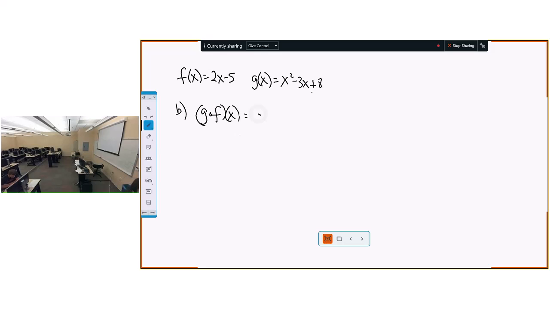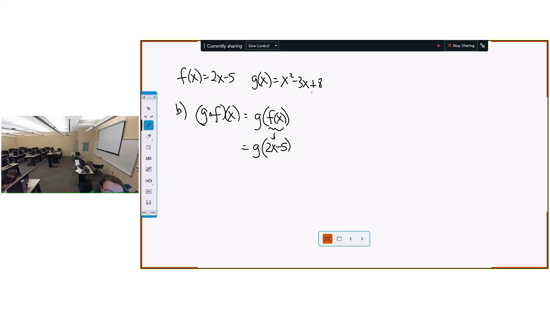So g is the outer function and f of x is the inner function. Well, since f of x is 2x minus 5, that is g of 2x minus 5. We just plugged in whatever f of x was as the input value.